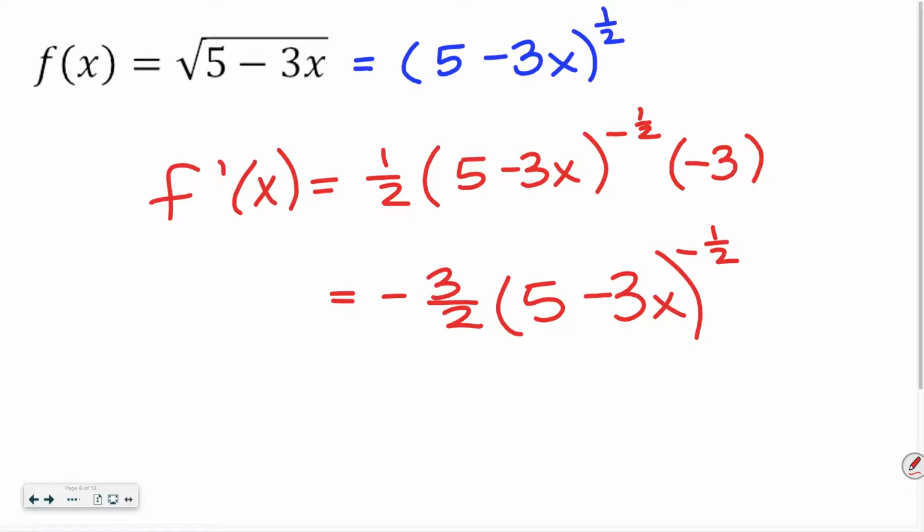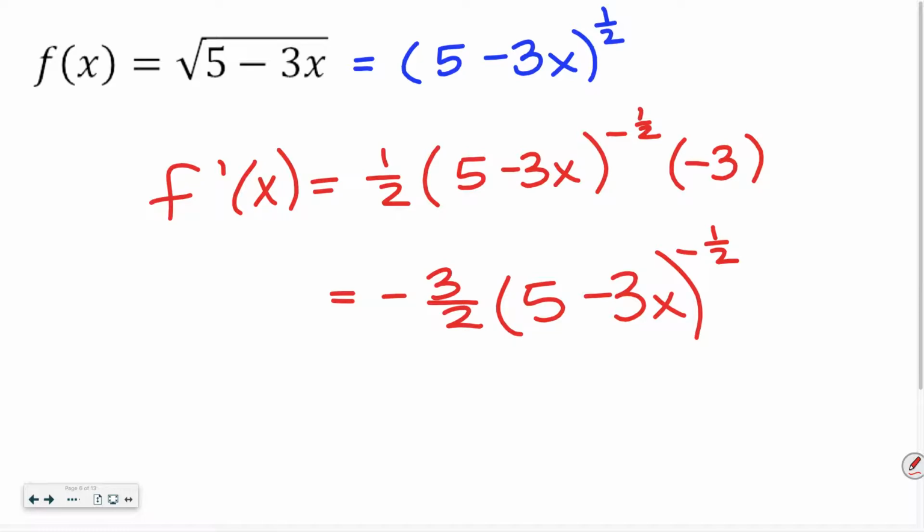I don't need any big fancy rewriting. I'm still confused a little bit about the outside function. How did I rewrite it up here, or how did I decide that the 1/2 power was my outside function? Well, since 5 minus 3x is underneath the radical, I would say that's the inside function.